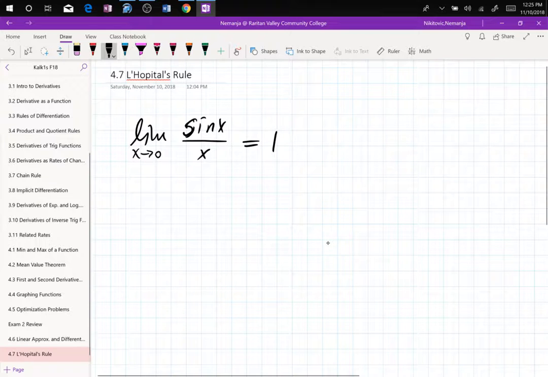So this L'Hopital's rule is going to take what we call indeterminate forms and, through the use of derivatives, make the problem possible to solve, to take the limit. If you plug in x equals 0, because that's the most basic way to do limits, into sine x and x, you will get 0 divided by 0.